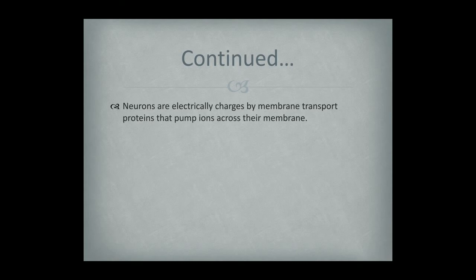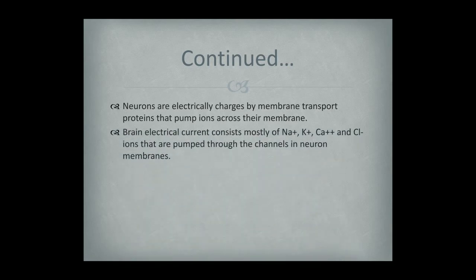electrically charged by membrane transport proteins that pump ions across their membrane. Brain electrical current consists mostly of sodium, potassium, calcium, and chlorine ions that are pumped through the channels in our neuron membranes.